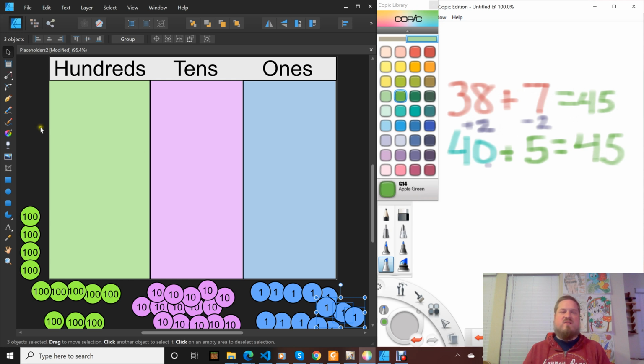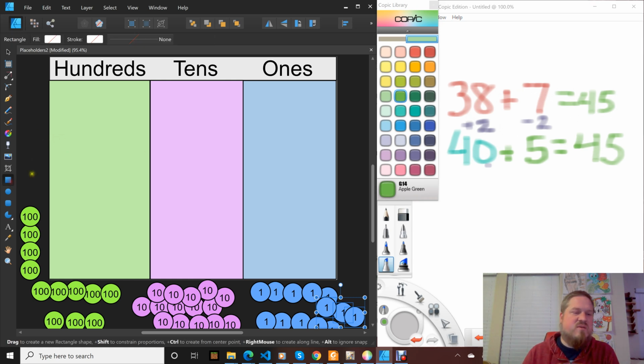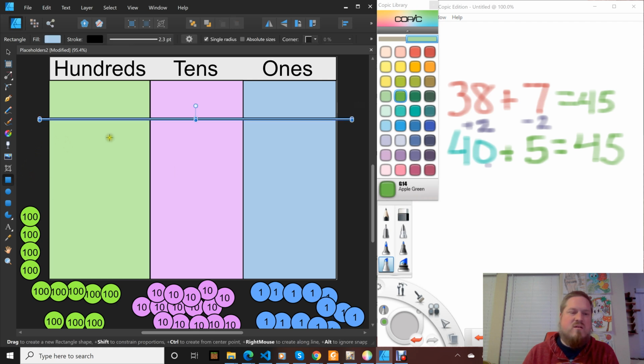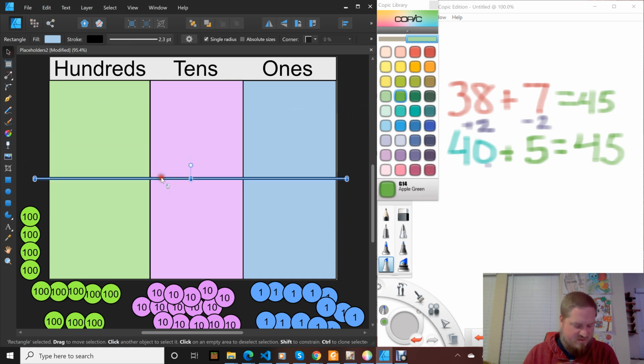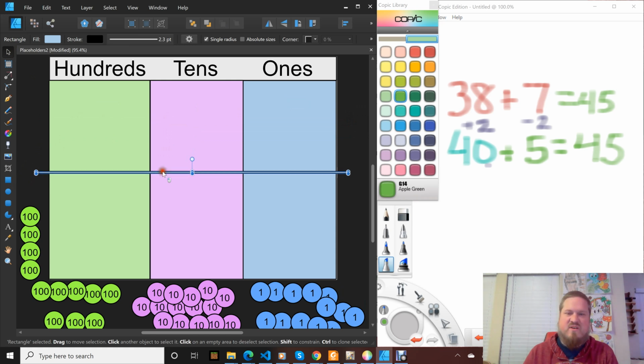So they're suggesting that we can show this with the place value discs. Show it with the place value discs. So 38 plus 7.